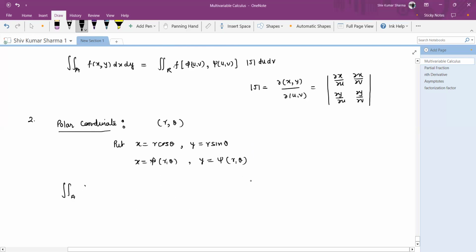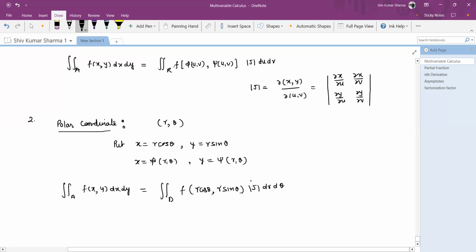So we write the double integral of a function of x y dx dy. This can be written as the integral over region D of f, where x we put as r cos theta, y we put as r sin theta, and dx dy we again write as the Jacobian times dr d theta.